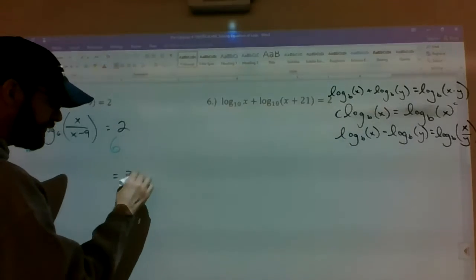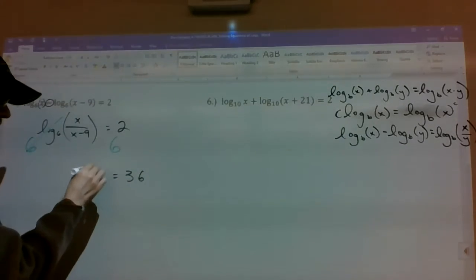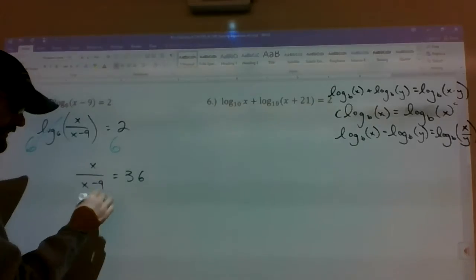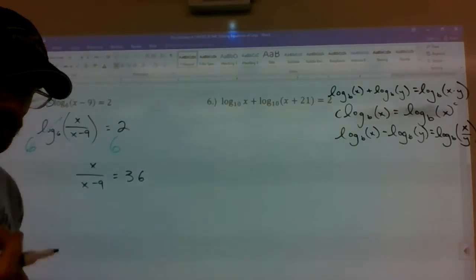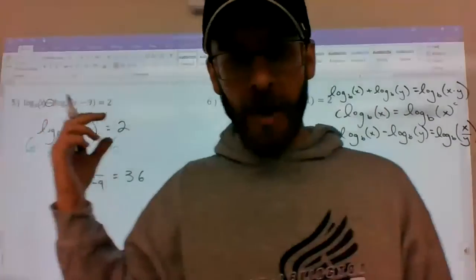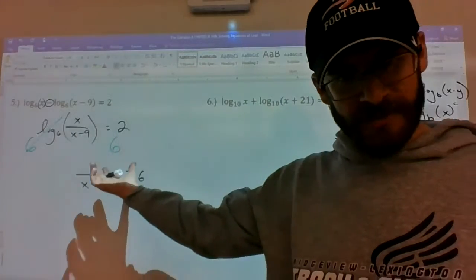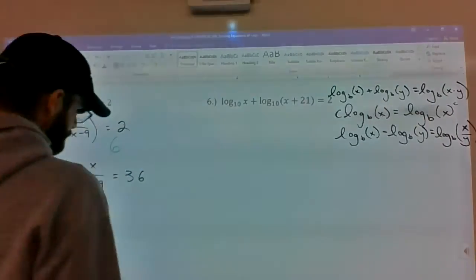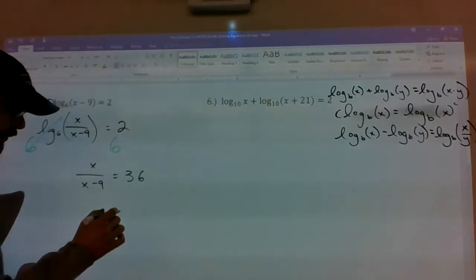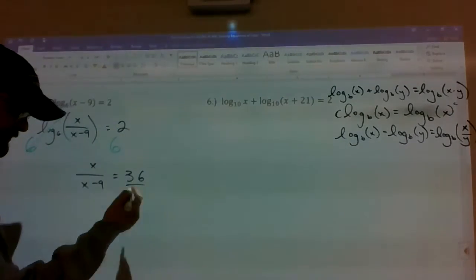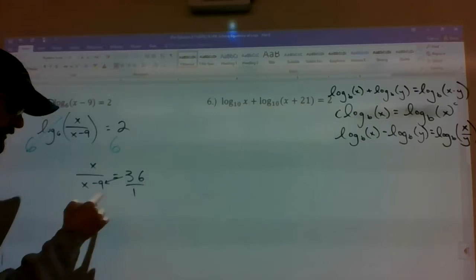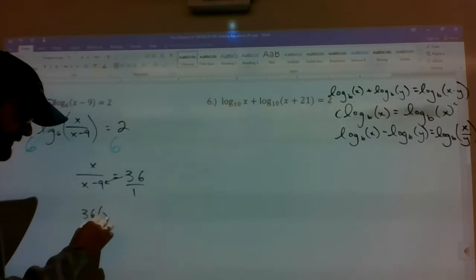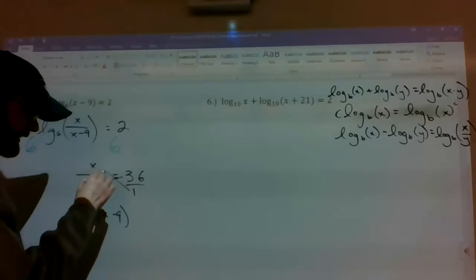So now you're solving an equation: x over x minus 9 is equal to 36. And you've got to reach back to those old algebra properties of how do I solve an equation where there are x's on both the top and bottom of the fraction? Good question. We could put the 36 over 1 and cross multiply. So it'd be 36 times x minus 9, and then it's going to be 1 times x.